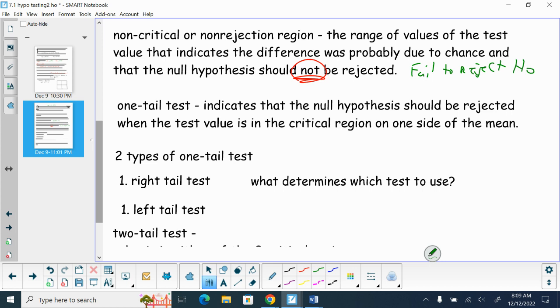Your one-tailed test will occur when you're dealing with less than or equal to and greater than, or greater than or equal to and less than. It will tell you you're going to be dealing with a one-tailed test.